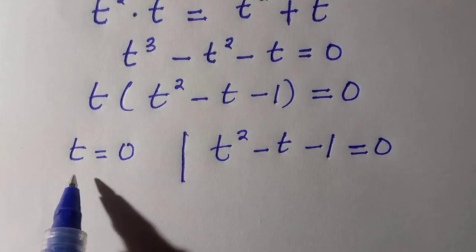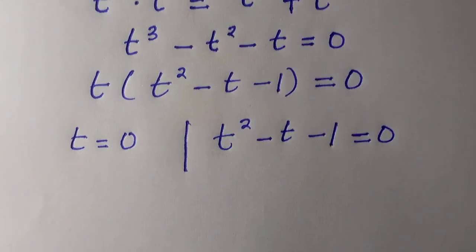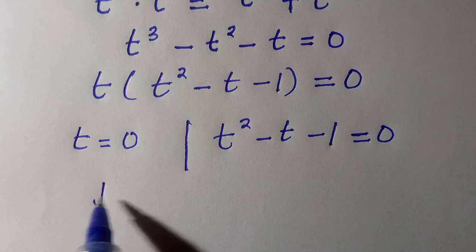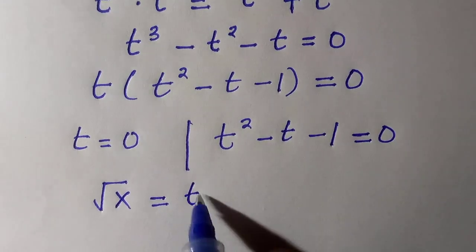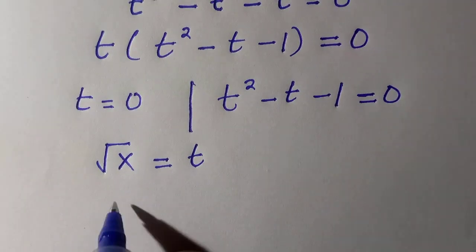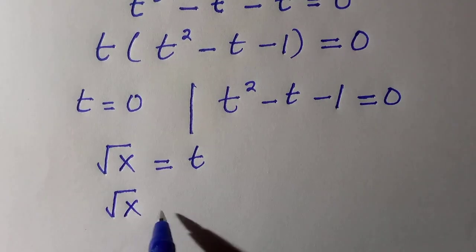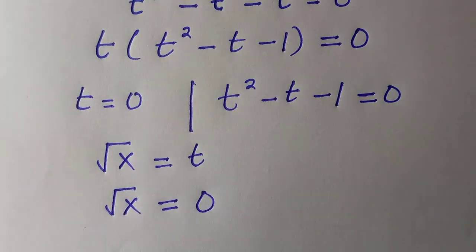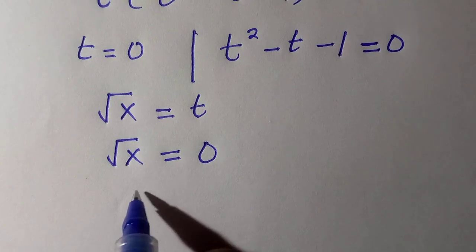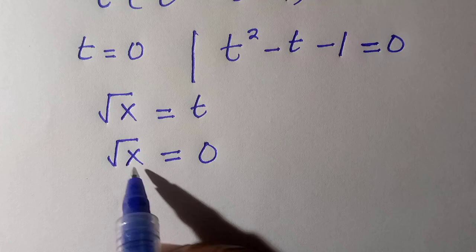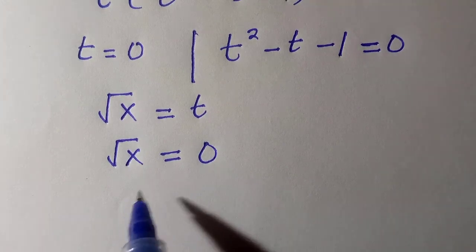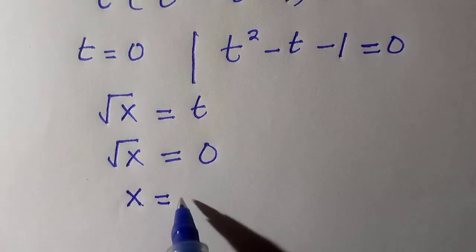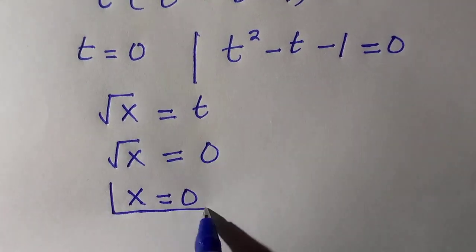So for the first one, which is t equals 0, we recall from where we have square root of x equals t. And at t equals 0, we have square root of x equals 0. So which means that for the square root of x here equals 0, the value of x can take positive, and 0 is part of positive number. Therefore, x equals 0 satisfies this problem.